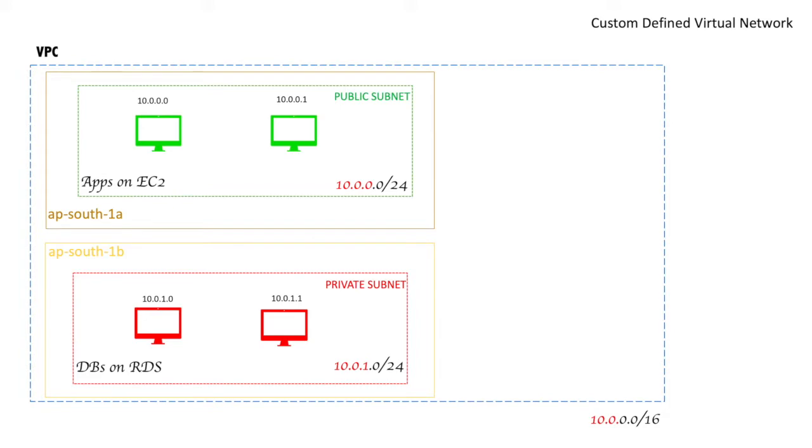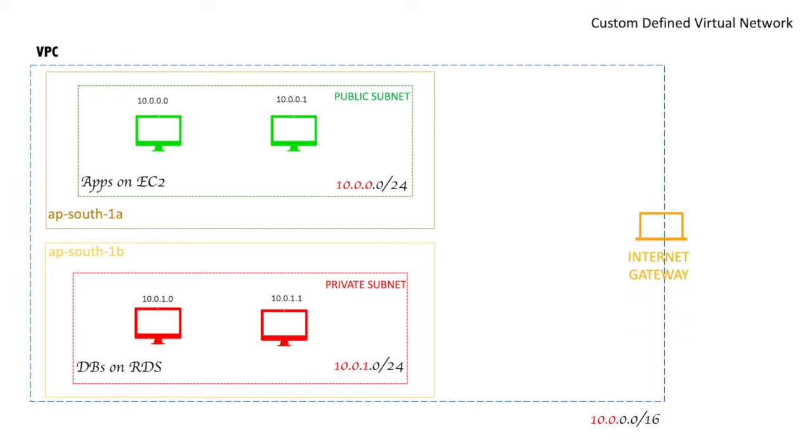But you would not want to directly access a database because database is a very critical entity. No one would want to provide you a direct access to database. That is why databases are kept within private subnetworks, whereas web applications, which are mechanisms of reaching the database, are kept in public subnetwork.